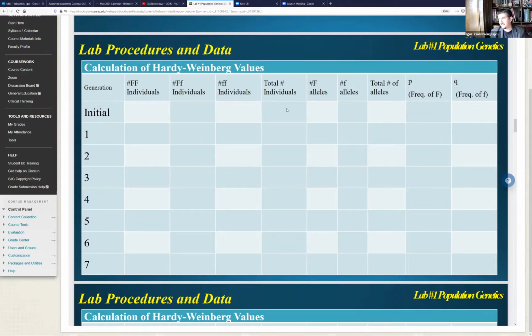In your particular case, it will be 19 because you will be a bunny in that example. Then we'll calculate the number of capital F alleles in the class, lowercase f alleles in the class, and total number of alleles. Then we'll calculate the frequency of capital F, which will be P, and the frequency of lowercase f, which will be Q. So far, so good.